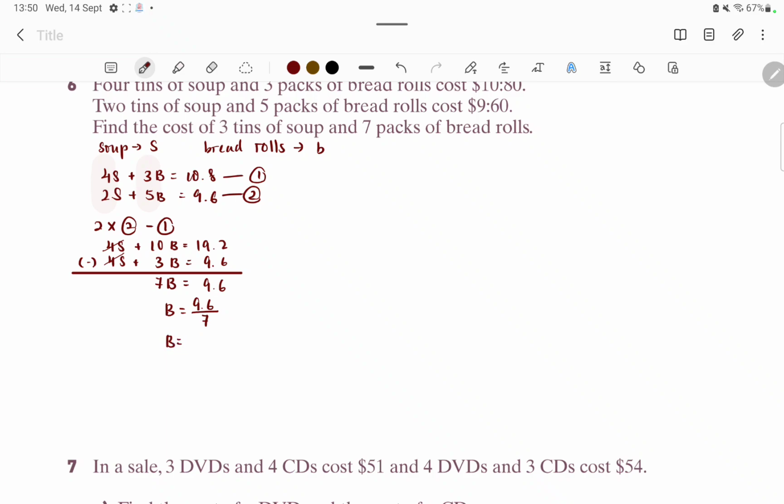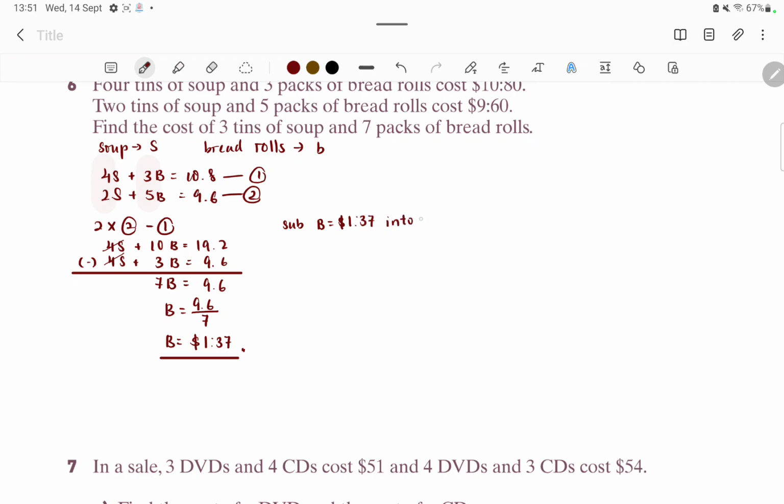Divide by 7, you should get $1.37 for bread rolls. And then after that, substitute b equals 1.37 into one of the equations.